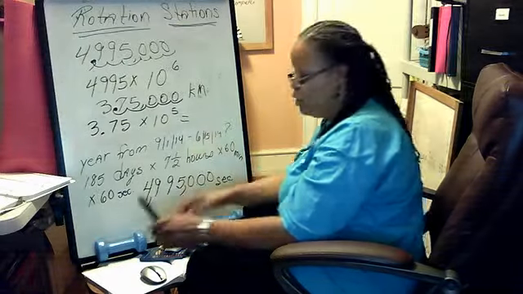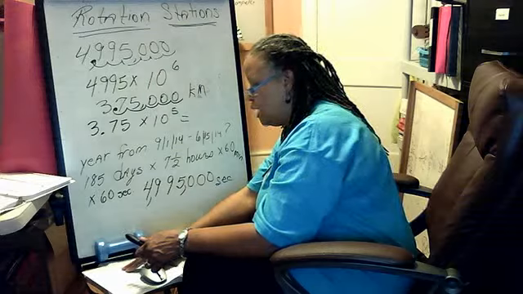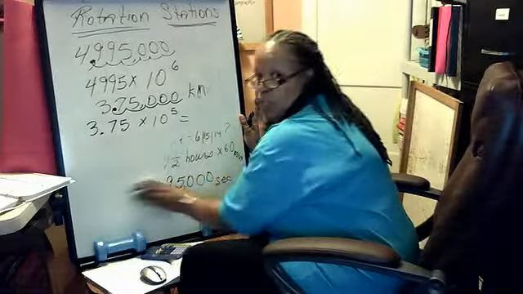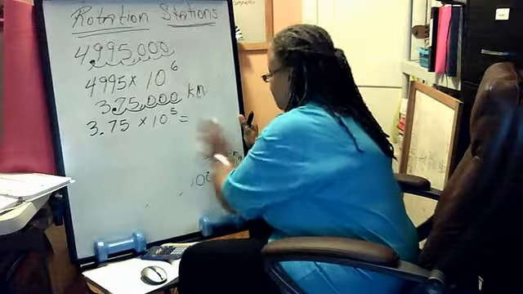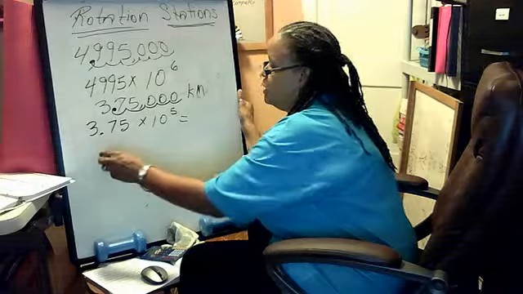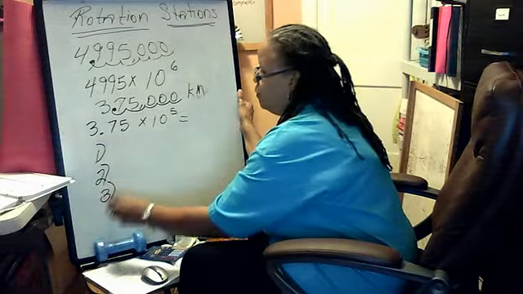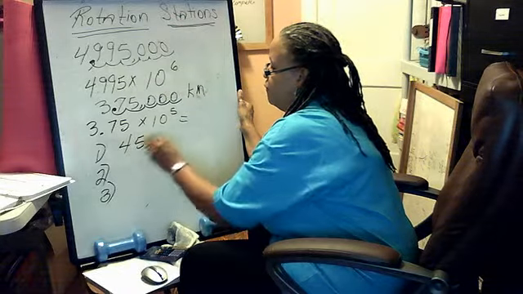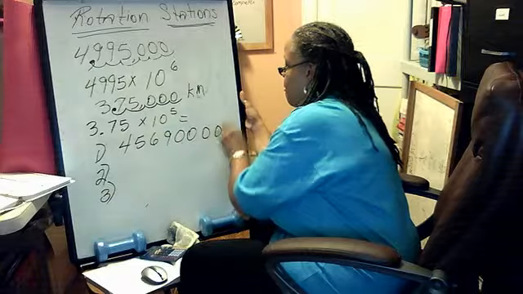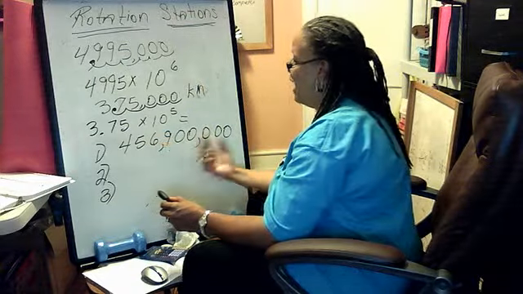Now, I did say I was going to give you one on your own to work out. Let me know if you can get this answer correct. I'm going to give you a few to work out on your own. Write these numbers in scientific notation. I'm going to give you 3 of them. 456,900,000.